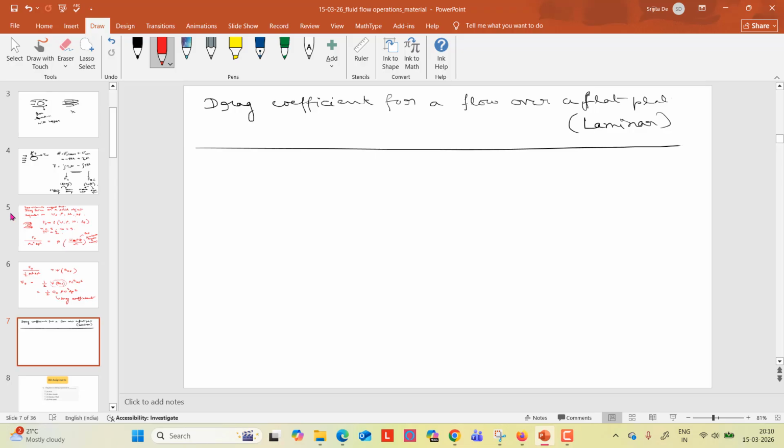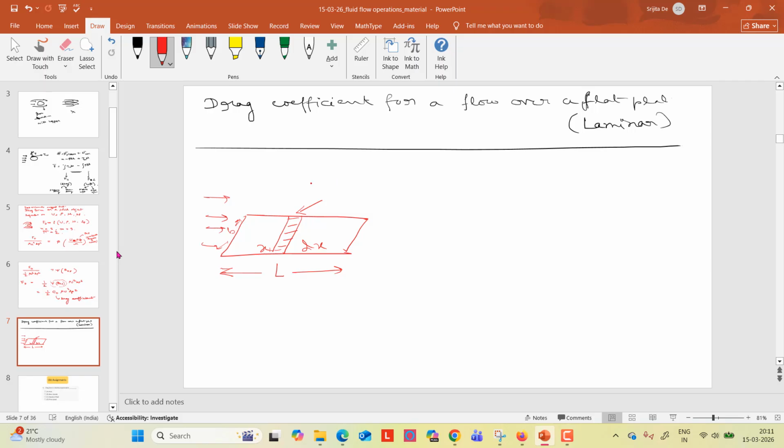So if you draw the diagram, flow is coming over this flat plate and we are calculating drag coefficient in this region. The length is L, width is B, and this is the x direction, this is dx. The drag is acting along the flow, right?